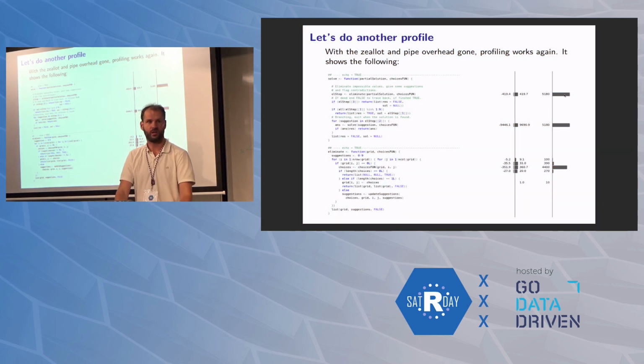So this is the large bar, but this is also the thing that does everything. And then you see this other bar. That's basically most of the time. That is 4,400 milliseconds out of a bit more than 5,000. So that's more than 80% of the time taken in this one line. So that's where you want to go for your optimizations. You don't want to spend time optimizing other stuff.